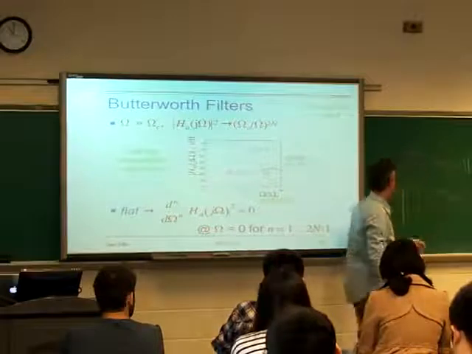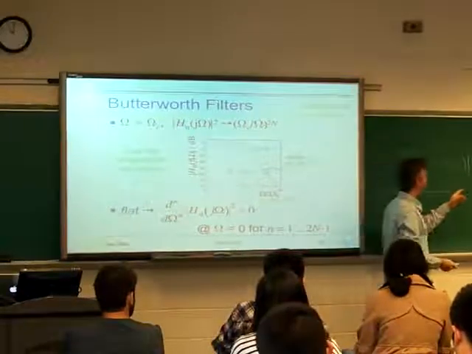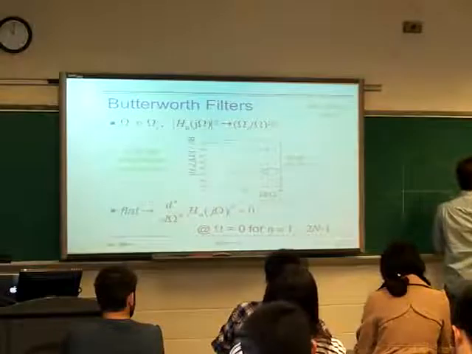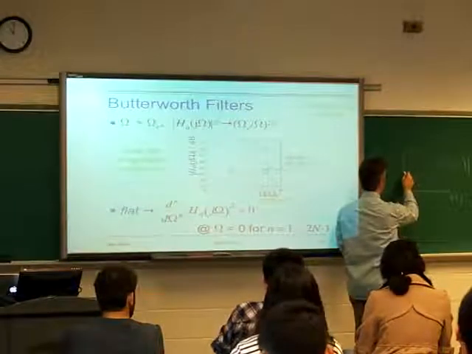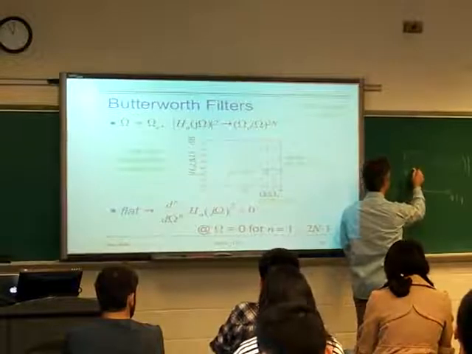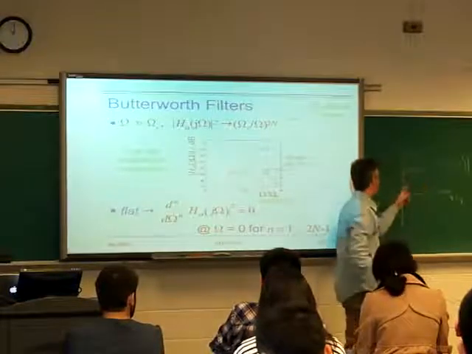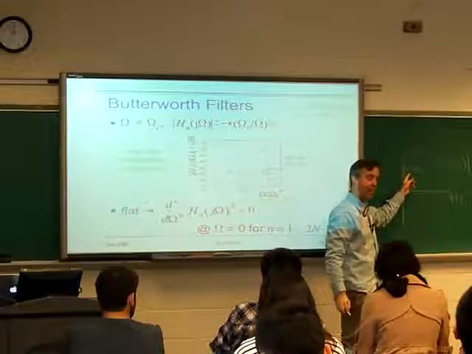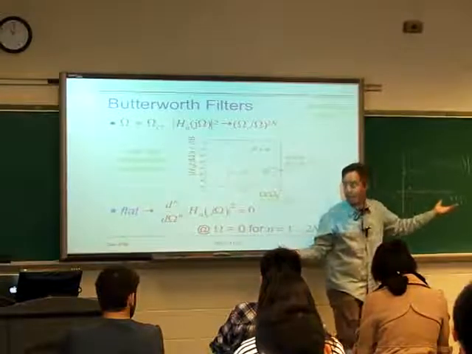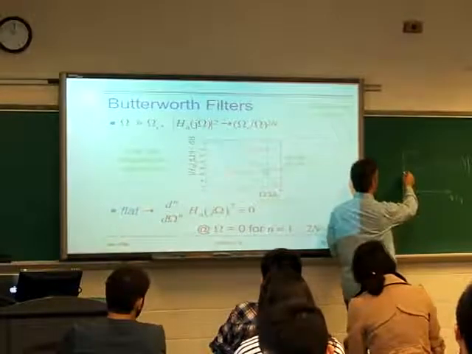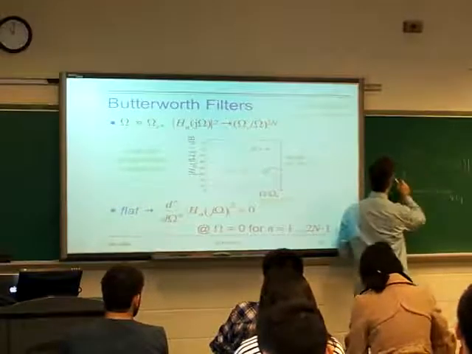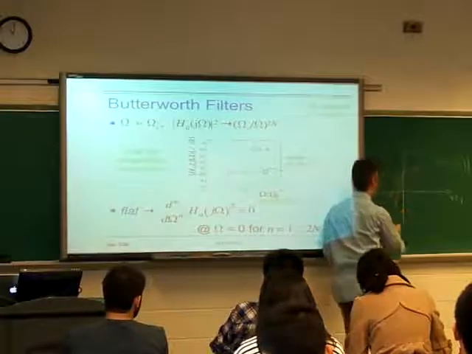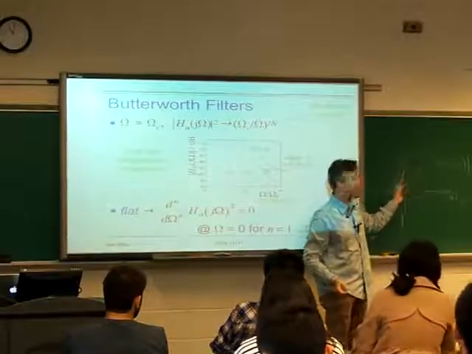But I'm interested in s equal j omega, which is this point somewhere on here. If I can figure out the value of H of s here, it's going to be the gain of this system at this frequency. I'm saying that it's the product of these vectors, which are these lines from that point on the imaginary axis to each of the poles.